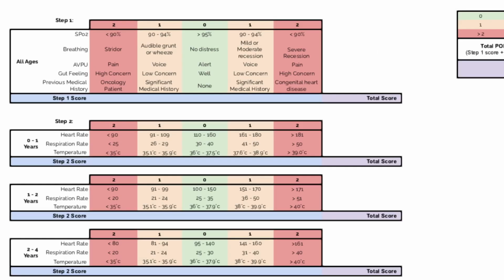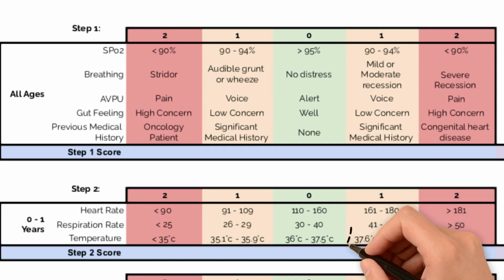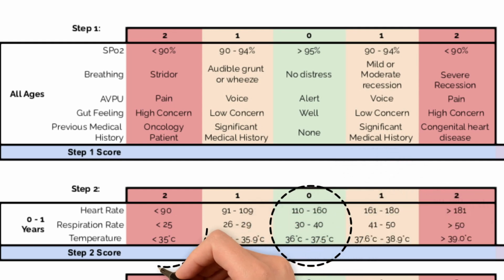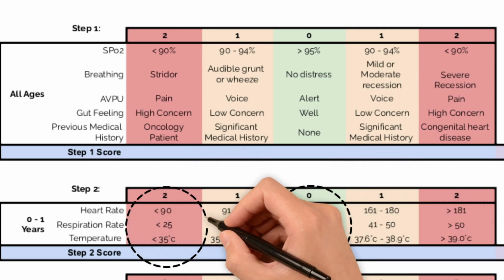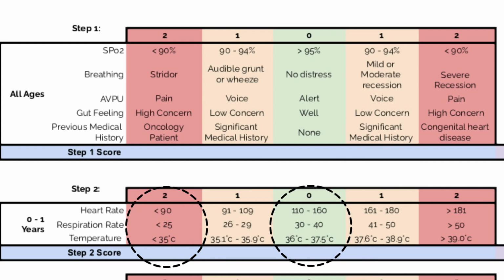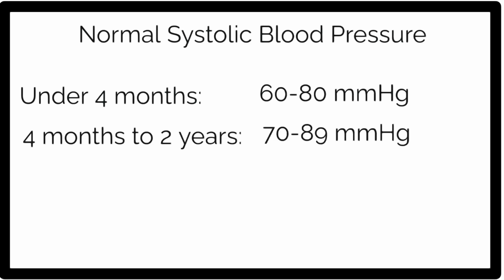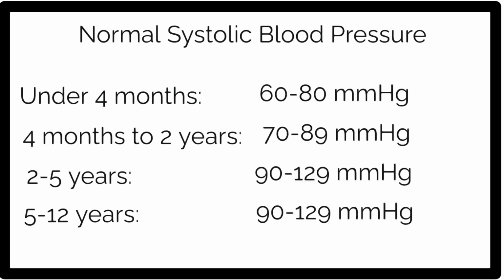For example, a normal respiratory rate will score 0, while an elevated or severely abnormal rate will score higher, indicating the level of risk. It's important to note that blood pressure does not contribute to the POPS score, though it remains a critical parameter in paediatric assessment.